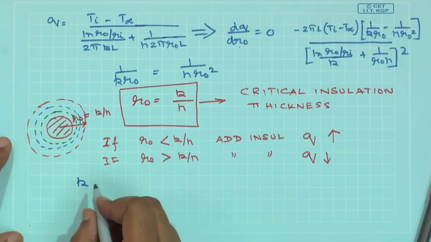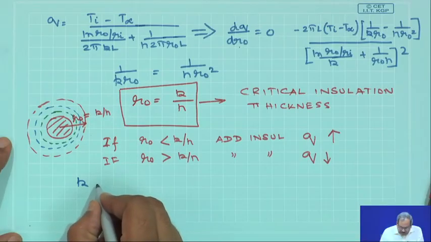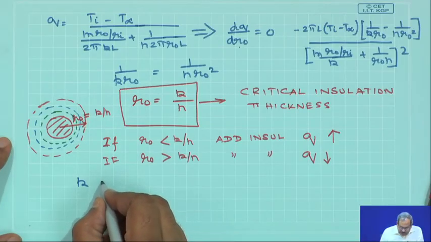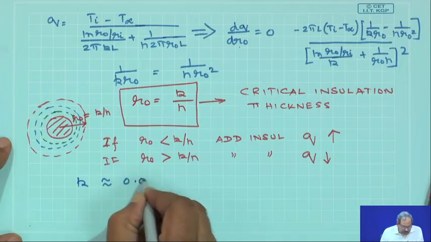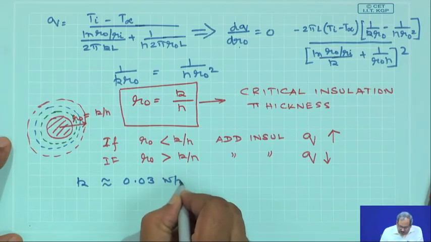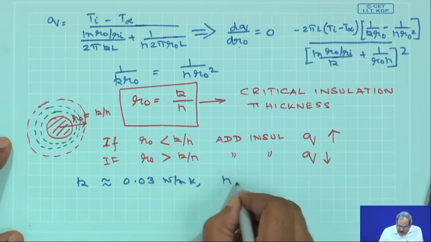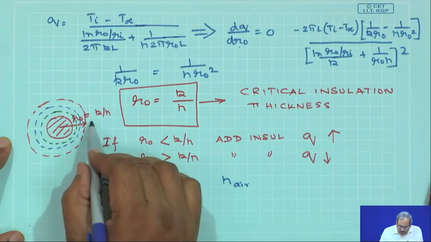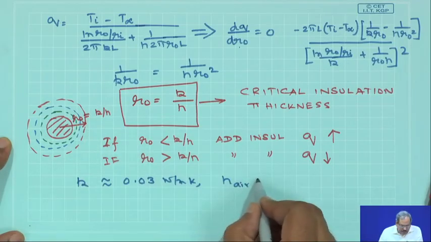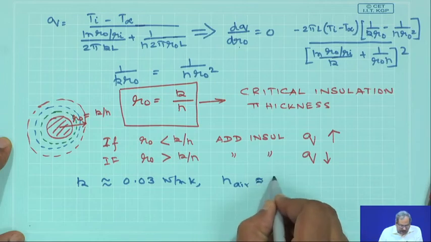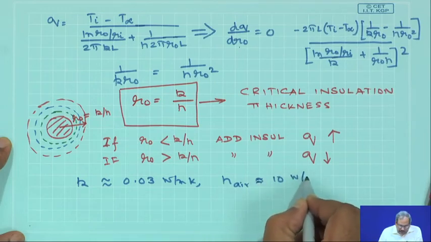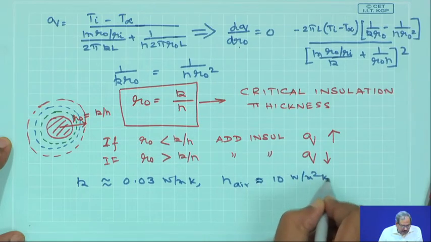So, K for an insulation material is roughly about 0.03 watt per meter Kelvin, and H, the convection over here, is mostly going to be the convection in air, which is of the order of 10 watt per meter square per Kelvin.